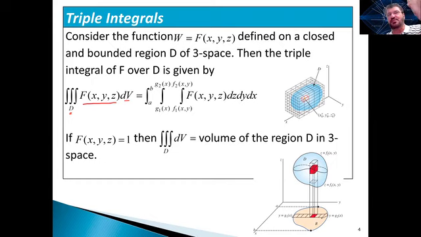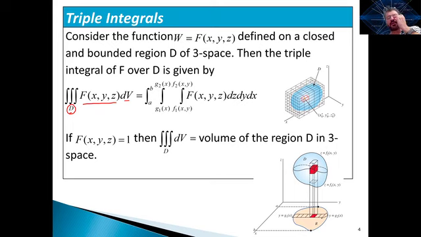When we talk about three dimensions, that means we're talking about the surface. So the surface has a dimension D, a three-dimensional region. So D is the region. R is a two-dimensional region. D is a three-dimensional region.